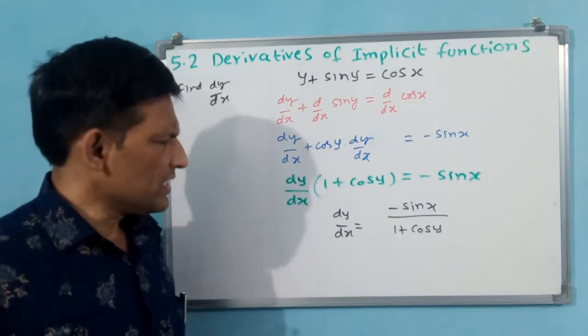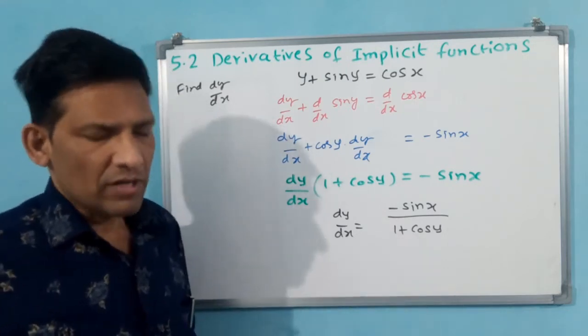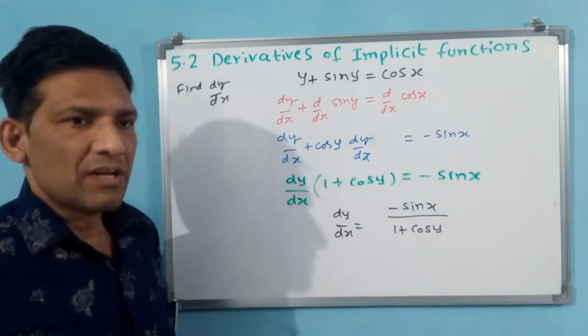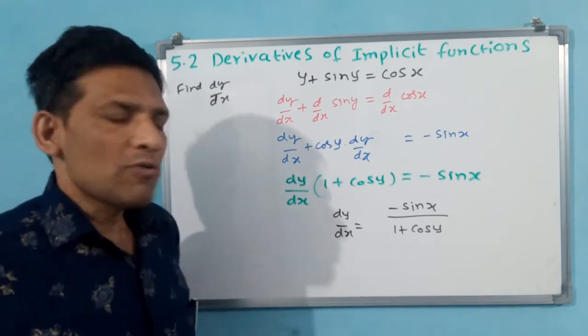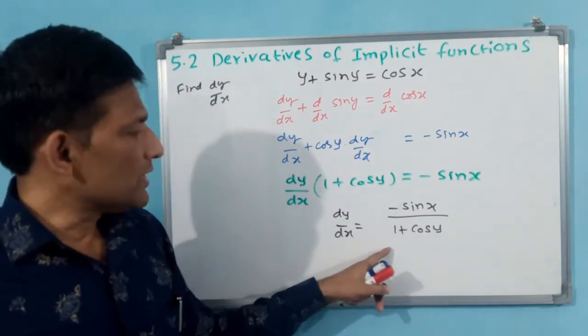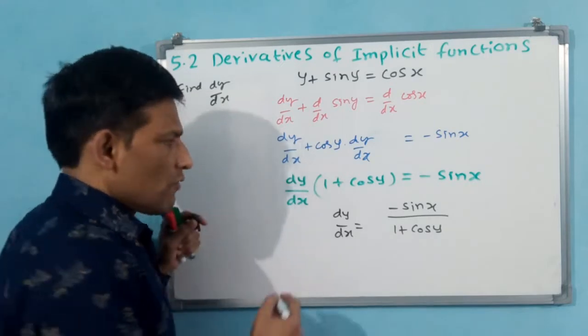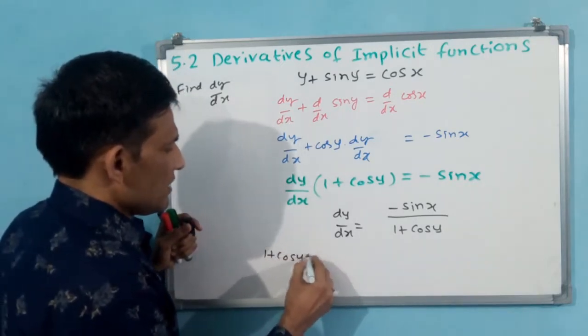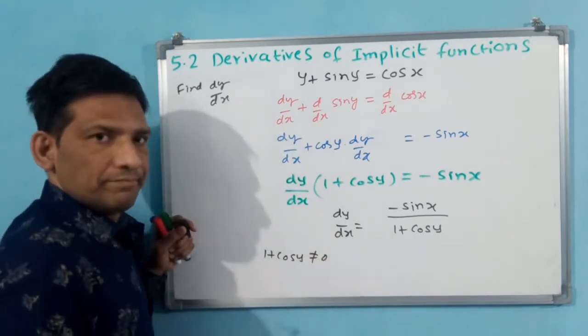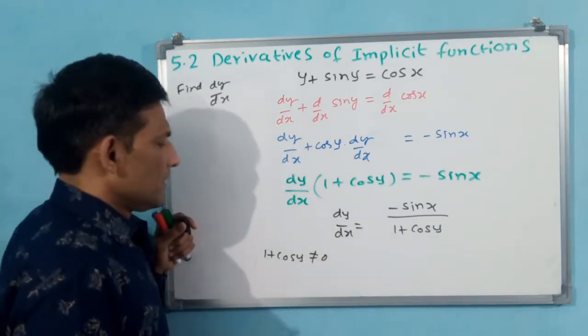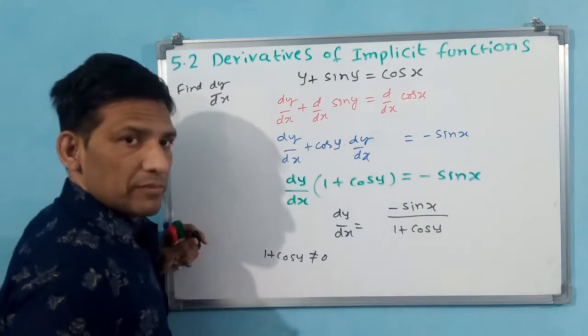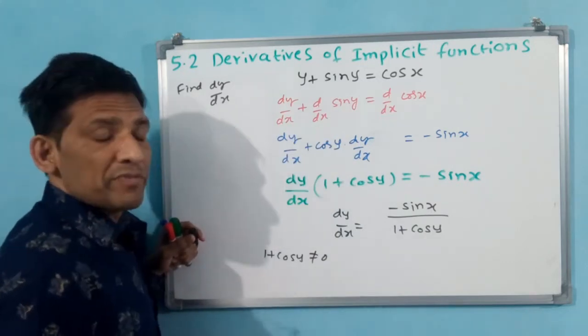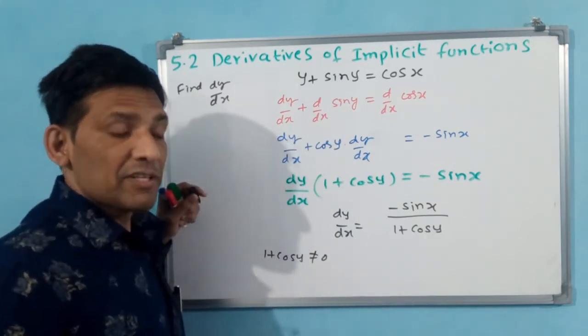Okay. You see here some cos functions have come. Trigonometric functions. What you have to do? You have to make sure that this denominator is not equal to 0. You see here what I am writing: 1 plus cos y should not be equal to 0. But here some domain problems will come in implicit functions and inverse trigonometric functions.